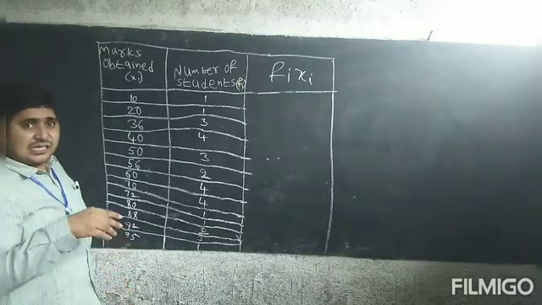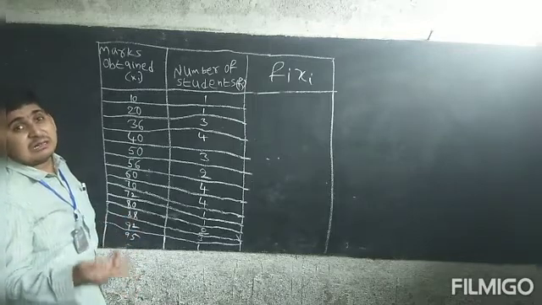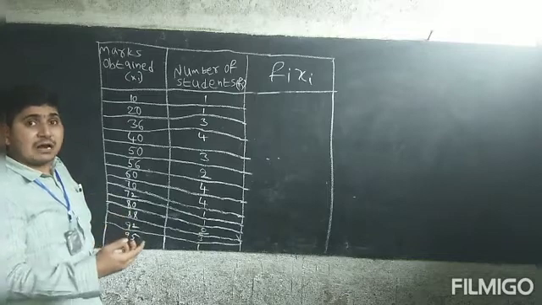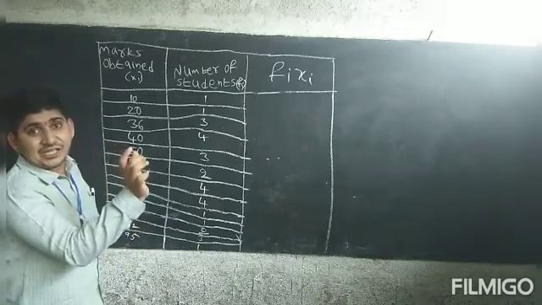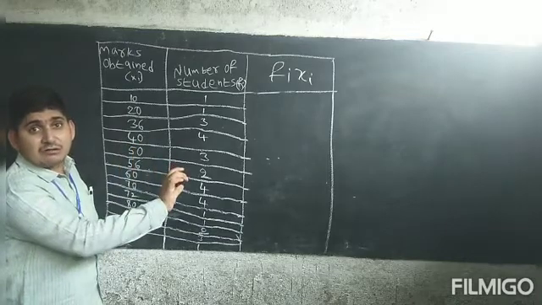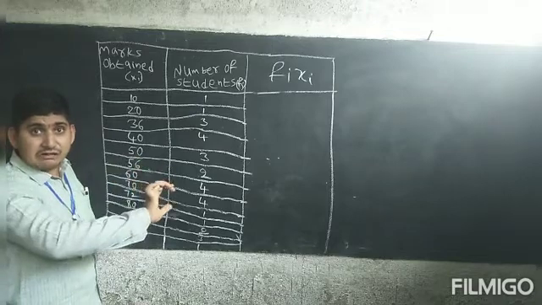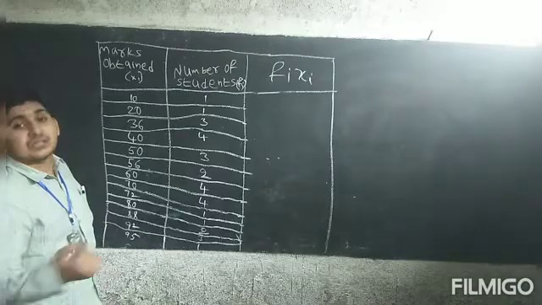Since the exact values are not available, the data is given in between class intervals, from lower boundary to upper boundary. That is known as grouped data.